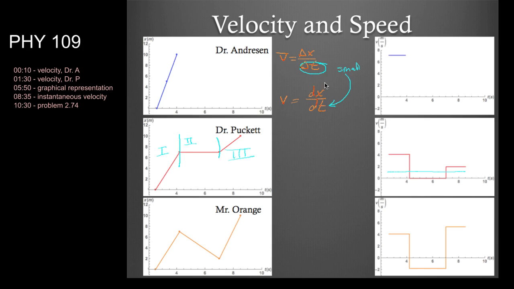So here we have the derivative of x with respect to time. The velocity is the slope of this position versus time plot. Here we have one slope in region 1, which corresponds to this value here. So this is my region 1. And we can see the same thing in region 2, where the slope is 0.